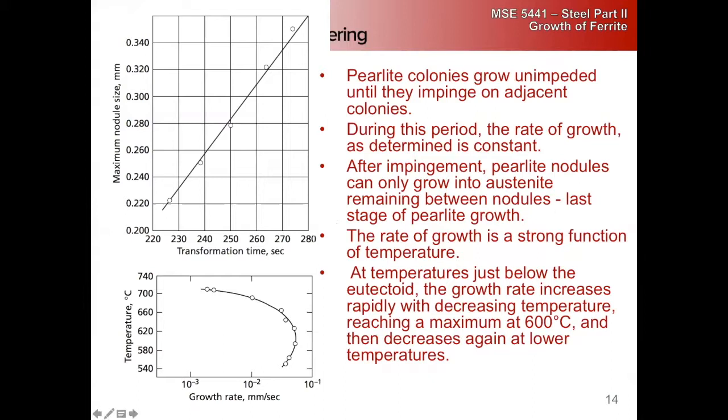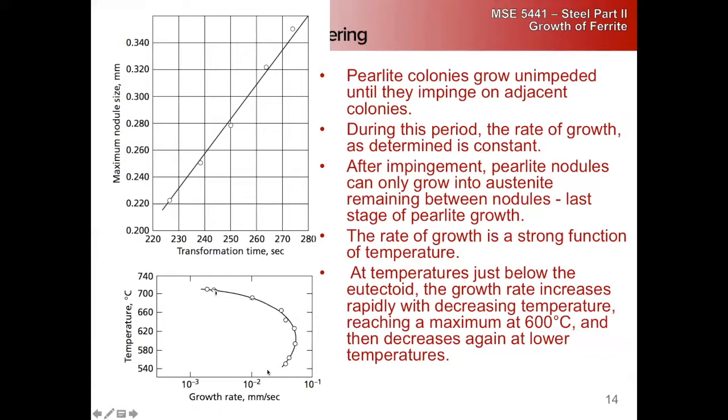And as expected, the rate of this growth is going to be a strong function of temperature, right? So if we start at the eutectoid and we slowly cool down, we're going to increase our growth rate. And then at around 600 C, that's where the maximum growth rate is.